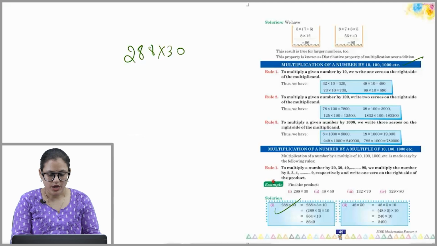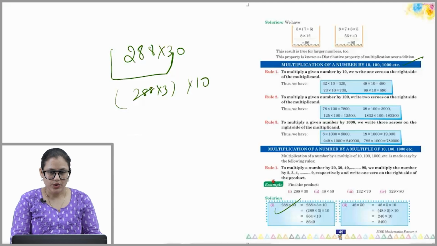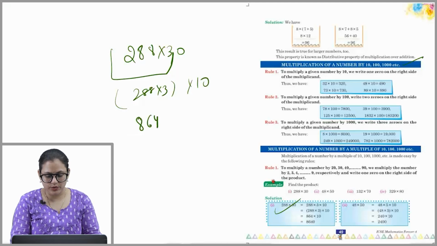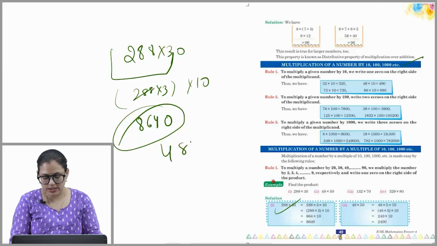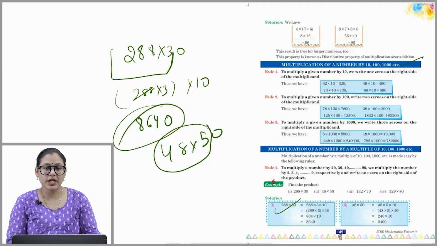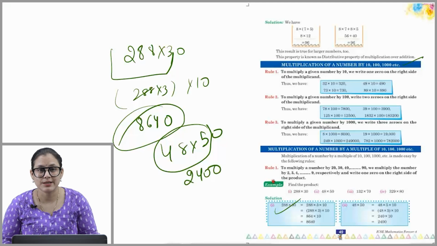So what will you do? You will multiply 288 into 3 and then into 10. So you will get 864 and you will put a zero to the right of it. Okay. Similarly, 48 into 50 is what? You will multiply 48 into 5, which is 240, and then you will put a zero to the right of this product. Okay.